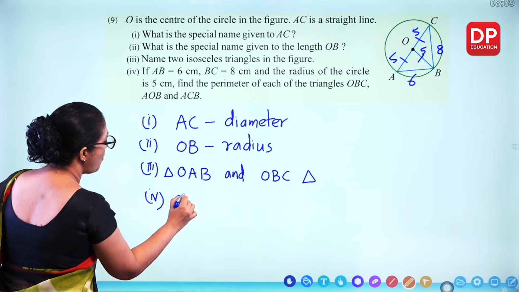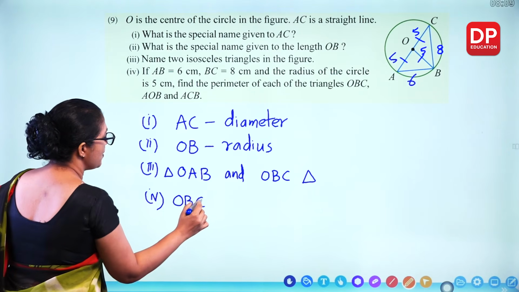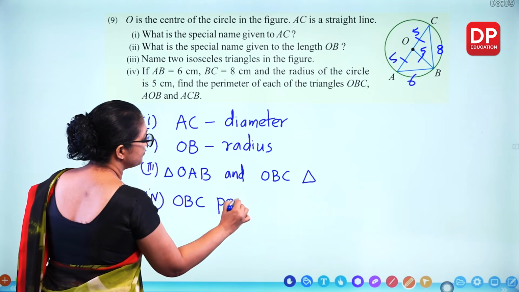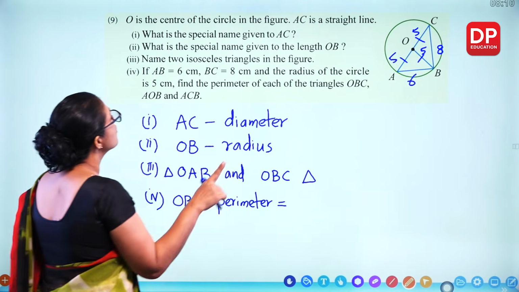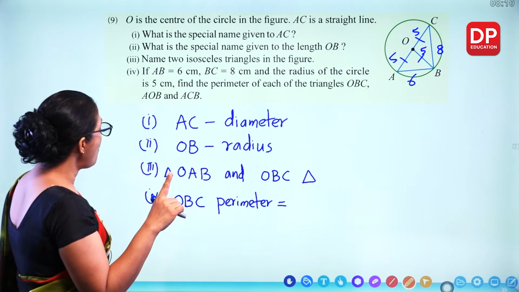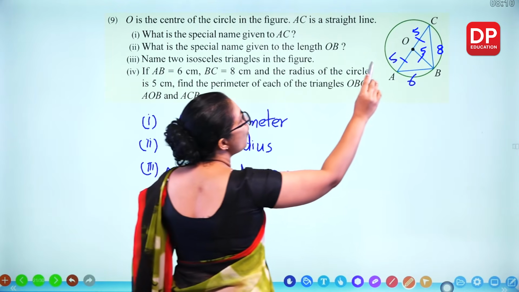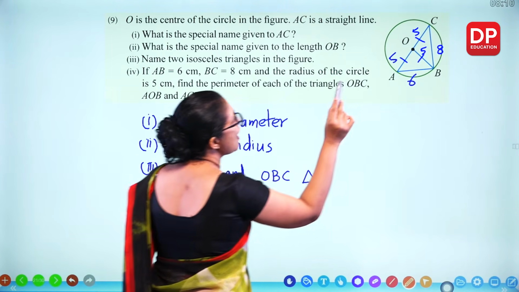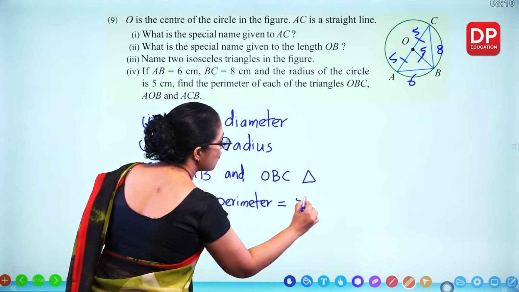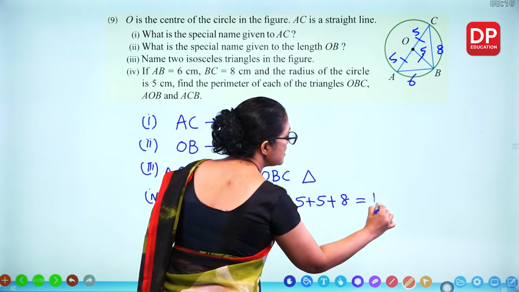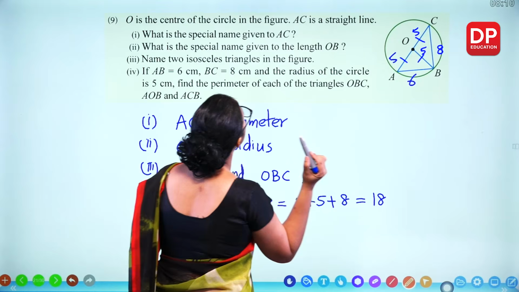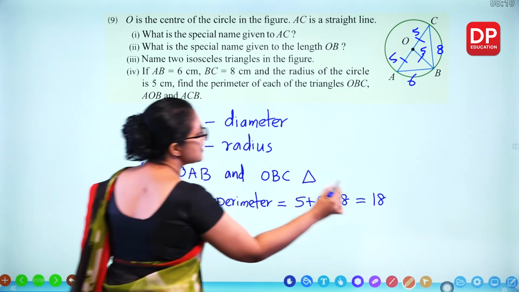First we'll find OBC perimeter. 5, 5, 8. 10 plus 8, 18 centimeters.